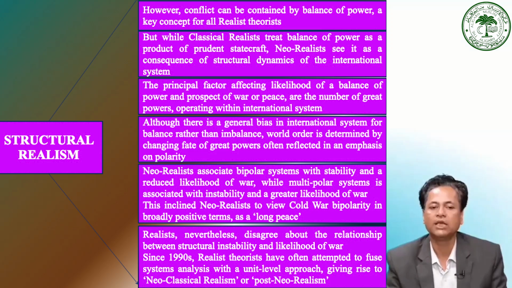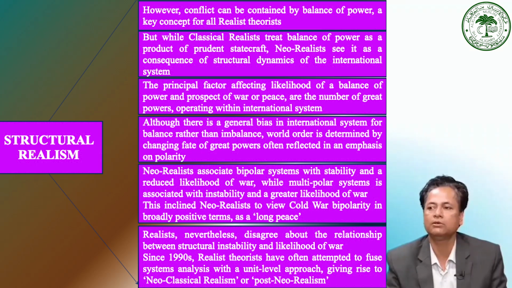However, while classical realists treat balance of power as a product of prudent statecraft, neo-realists see it as a consequence of structural dynamics. So they may believe in balance of power, but how this balance of power will result again is a subject of difference between the classical realists and the neo-realists. The classical realists consider that it is a product of statecraft. States would need balance of power to checkmate the rival or competitive countries.